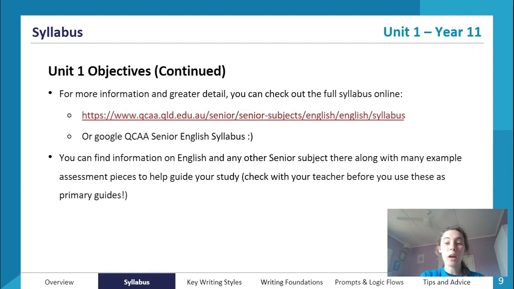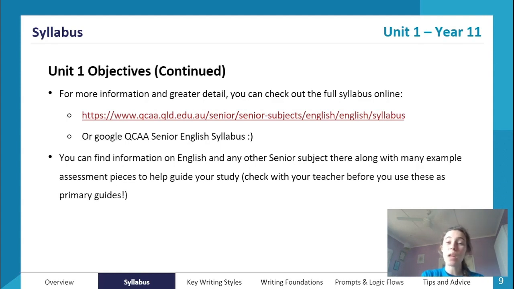So there are also example pieces of assessment on the QCAA website. So you can see not only good examples of high-level tasks that have been completed, but also how they actually achieved what they did.